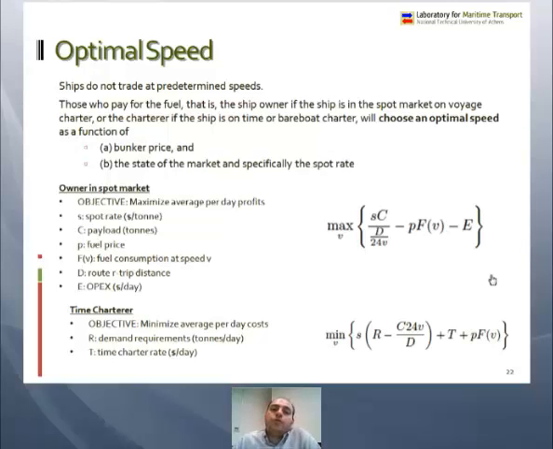Those who pay for the fuel, and that is the ship owner if the ship is in the spot market on voyage charter, or the charterer if the ship is on time or bareboat charter, will choose the optimal speed as a function of the bunker price and the state of the market, and more specifically the spot rate.